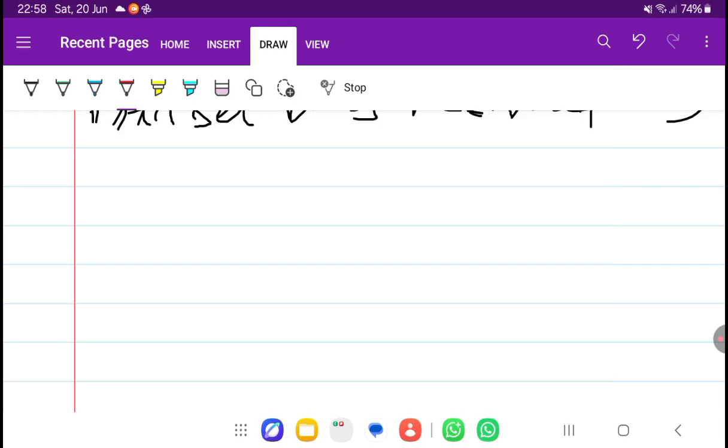We have blood group A, blood group O, blood group B, blood group A, and then finally blood group AB.